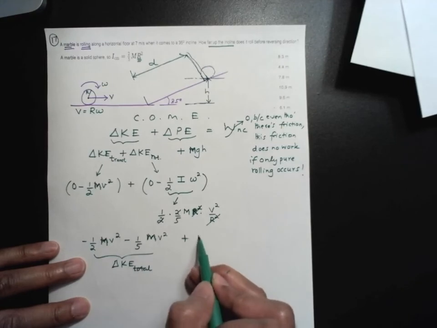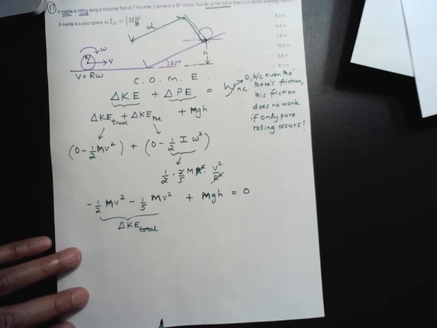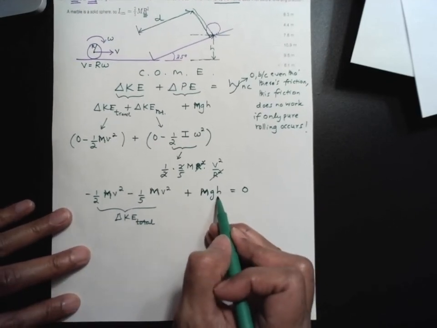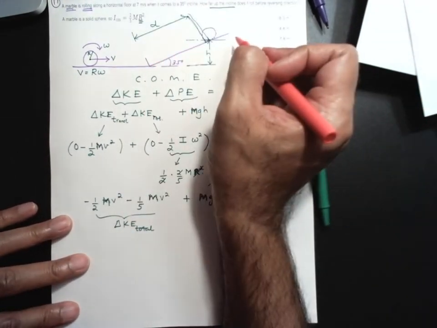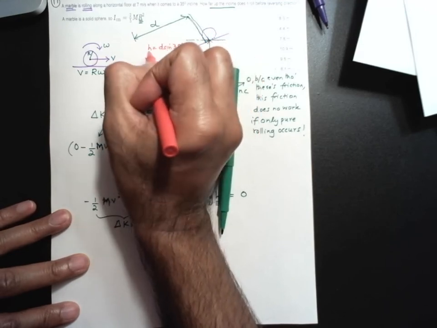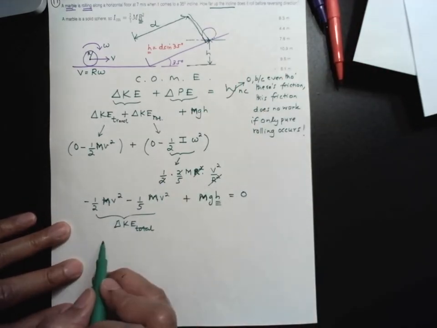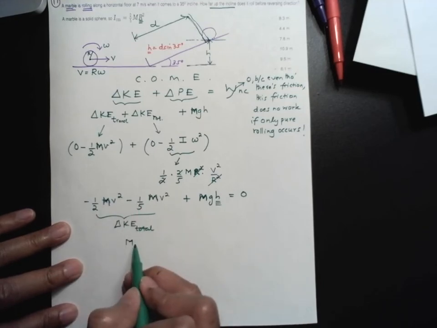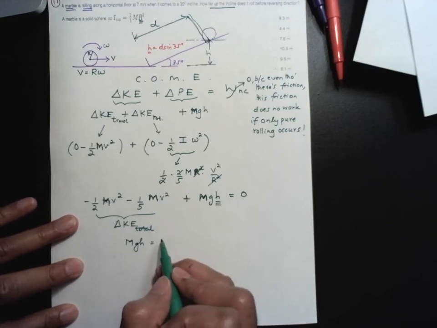And then you have the mgh equal to 0. So okay, I can now find h. And once I have h, then it's clear that h is equal to d sine 35. So once I know h, I can find d. So in this case, mgh equals 1/2 plus 1/5, which is 7/10, I think.